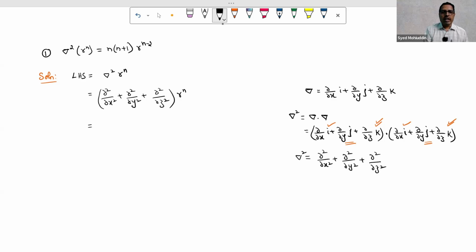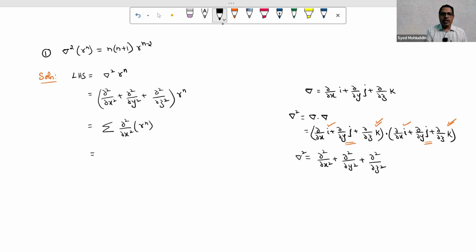Rather, I will take the summation of dou square by dou x square times of r power of n. Once I take the partial derivative with respect to x and combine with r power of n, complete this one, and at the end once I get this value, I can remove the summation and express that in terms of y and z also.